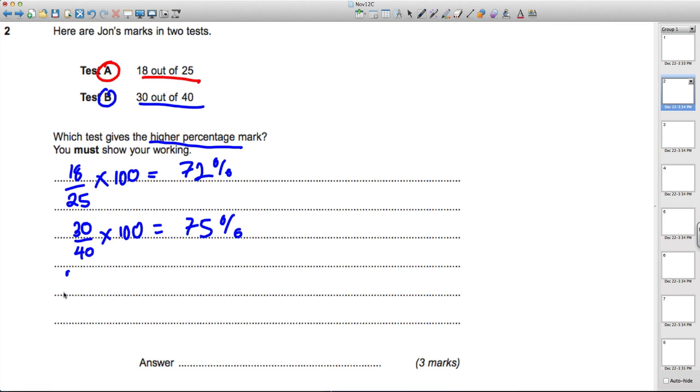Don't just leave your answer like that. Therefore, test B, he scored higher. Okay, so the answer is test B.